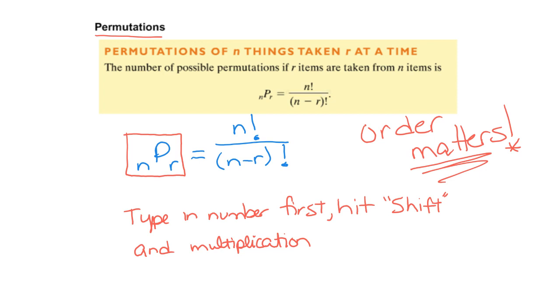Once you do the shift and multiplication, it'll give you the P part of the permutation, and then you type in your second number. Then you'll press your equal sign to evaluate that.